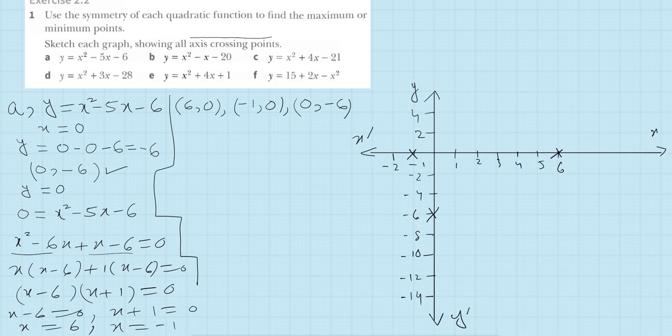I am focusing on this point, (minus 1, 0), and (6, 0). Find the midpoint of both the points, or you can just count all the squares like this: 1, 2, 3, 4, 5, 6, 7. So what is the midpoint of 7 squares? 7 upon 2.